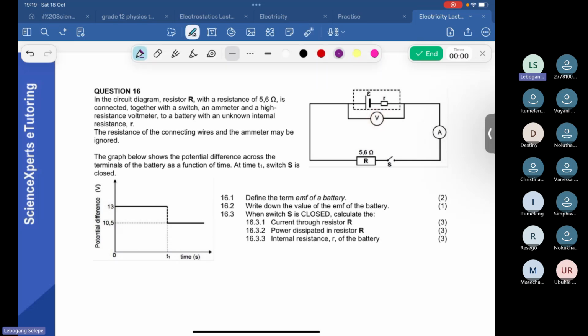So this 13 is the EMF. Then when current starts flowing, it's the V external. So they gave you the V external and the EMF. Then you can perform the calculation like in any other scenario. The information is just presented in a different way, in terms of a graph instead of words. It doesn't change how you'd approach the question.